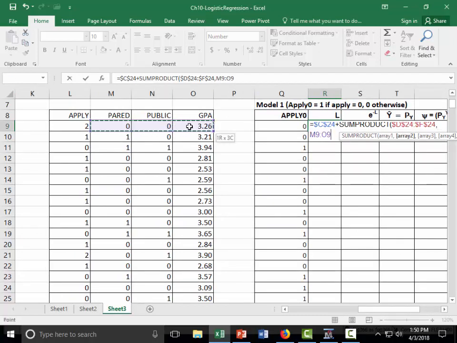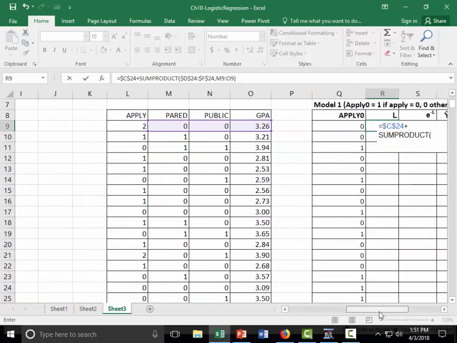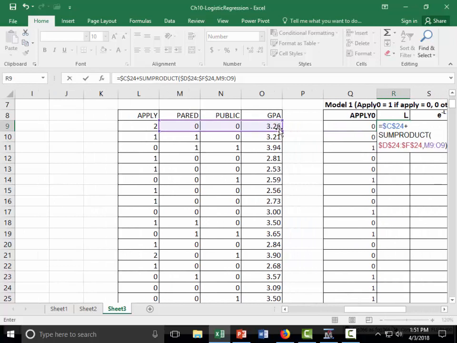These are the three columns of values, right? So intercept plus sum product of the coefficients with the values of the three predictors. So that's our L, okay, the logit function.